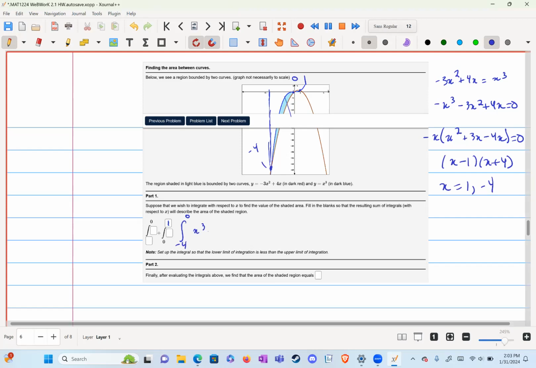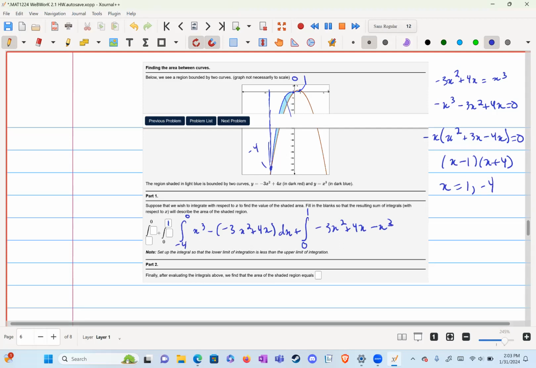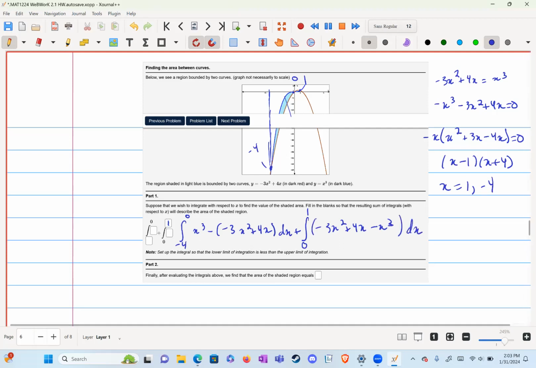So x cubed minus (-3x squared plus 4x) dx, plus our integral from 0 to 1 and just the alternative. So it is just going to be -3x squared plus 4x minus x cubed dx, and that is our part 1.